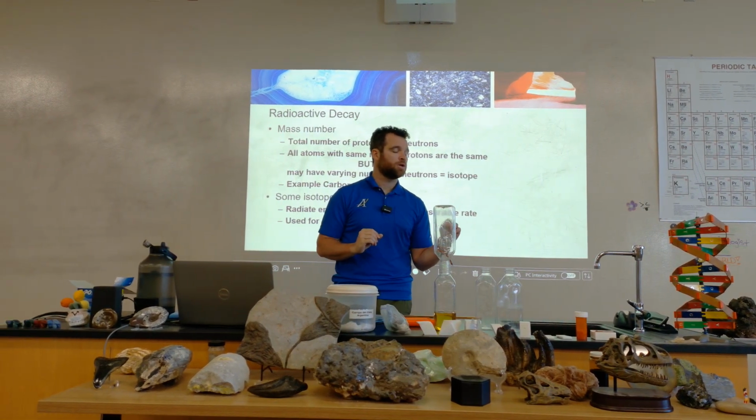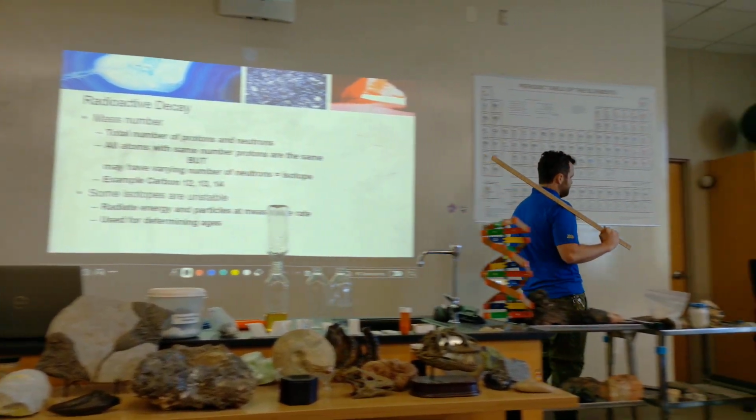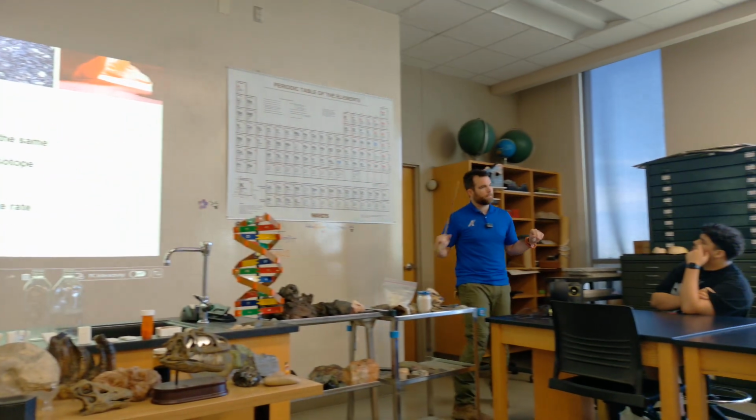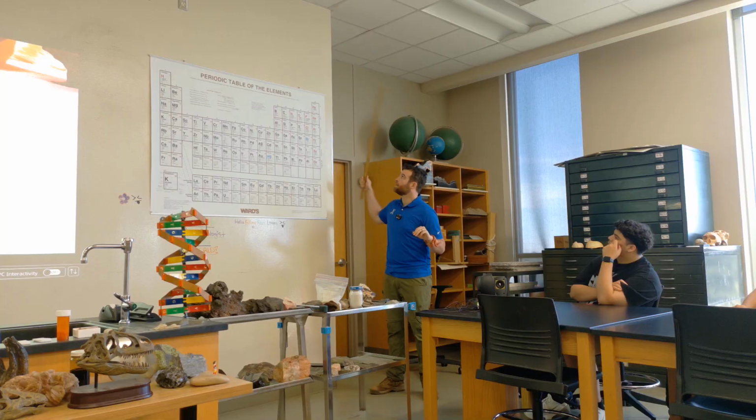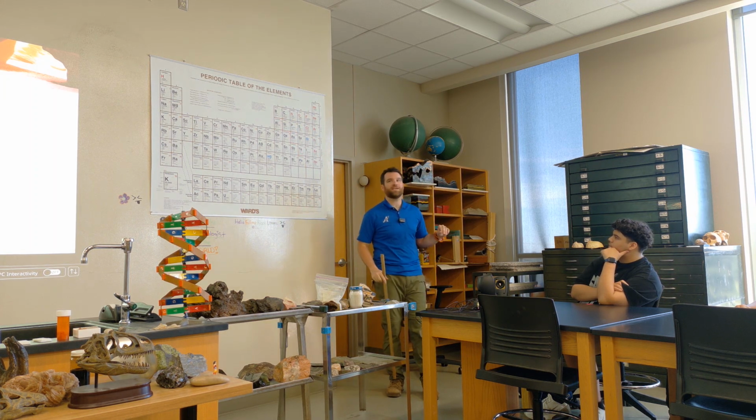So, let's look at carbon as an example. Where is carbon on my periodic table of elements? Right there. Fourth column. How many protons? 6. But what is its atomic mass? 12. Therefore, how many neutrons must be in its nucleus?